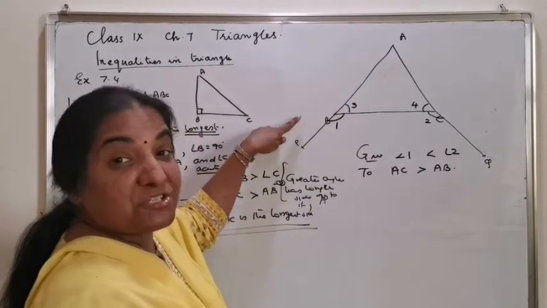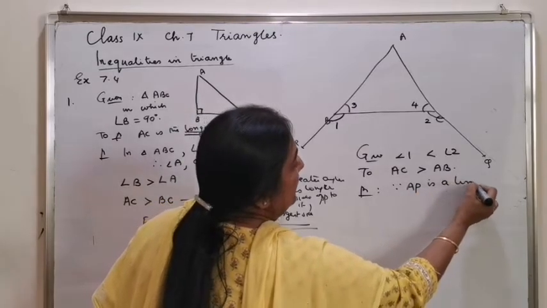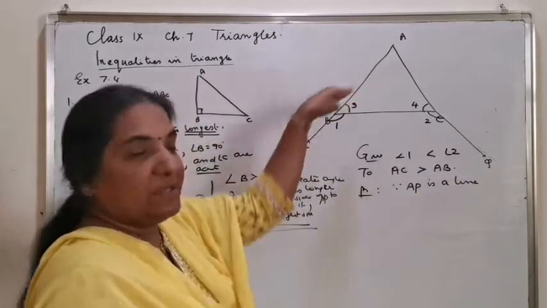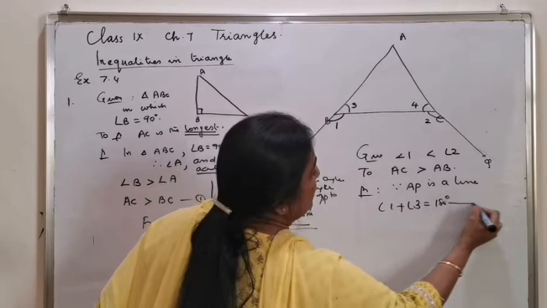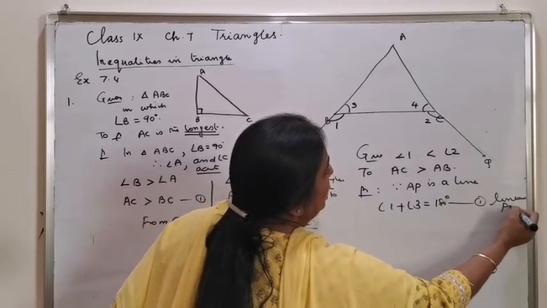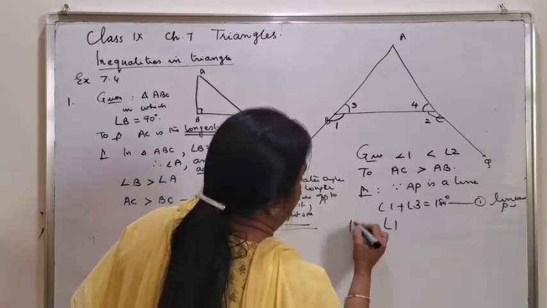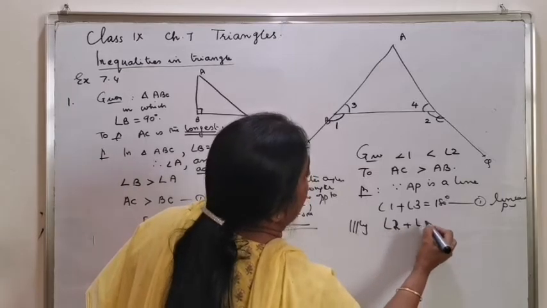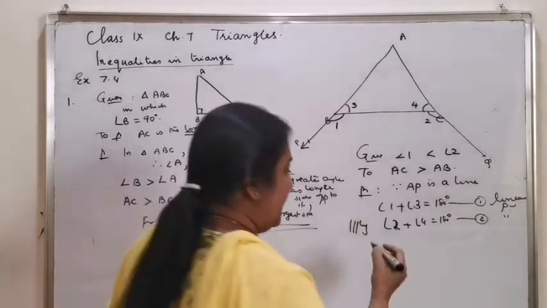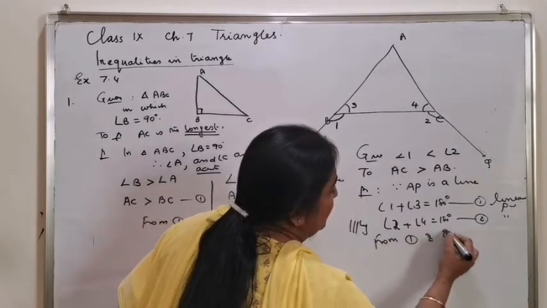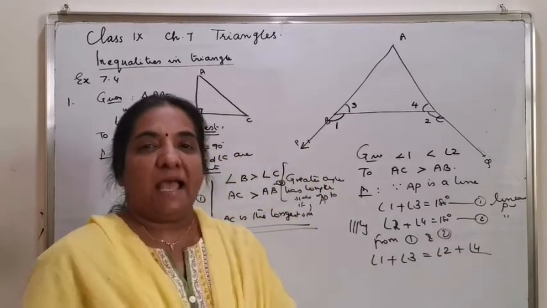Proof. Since AP is a straight line, that means it is the same side AB extended, angle 1 plus angle 3 is equal to 180 degrees, equation number 1, by the linear pair axiom. Similarly, angle 2 plus angle 4 is also 180 degrees with the same reason, equation 2. From 1 and 2, we can prove that angle 1 plus angle 3 is equal to angle 2 plus angle 4.